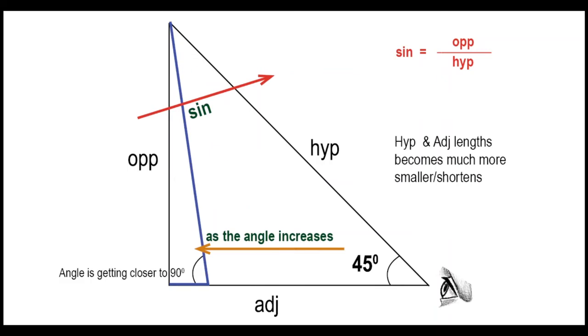As we increase the angle more, the angle is getting closer to 90 degree and the hypotenuse is becoming equal to opposite. Also, adjacent is nearing to 0.